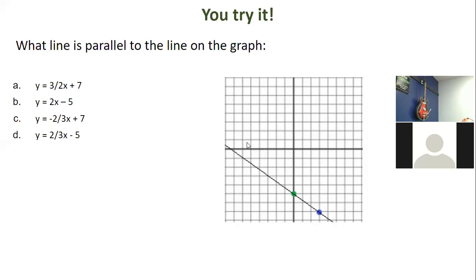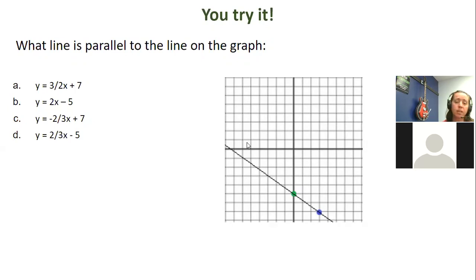Remember, read those points from left to right. Emma says C. Well, let's check it, shall we? What do you guys think the slope is of that line? What's the slope of the line on the screen?